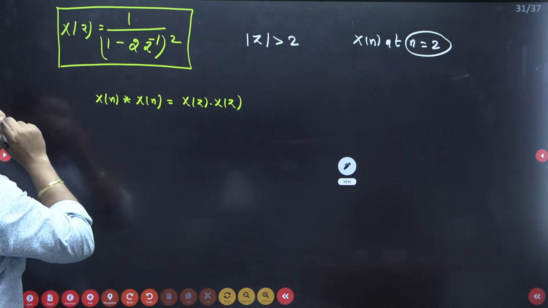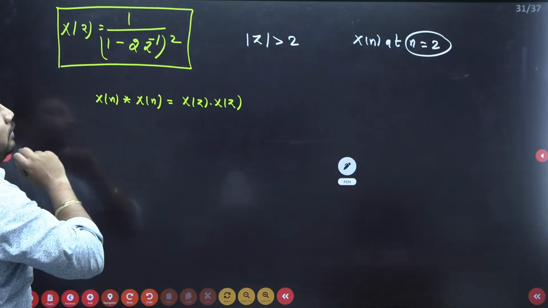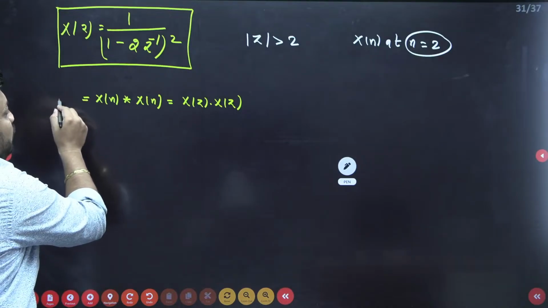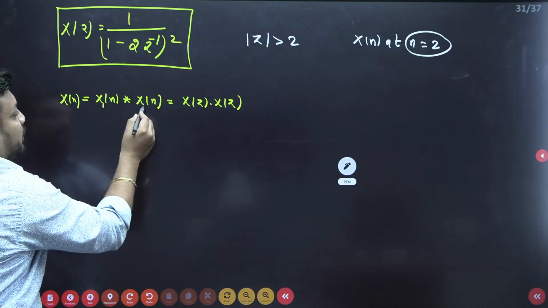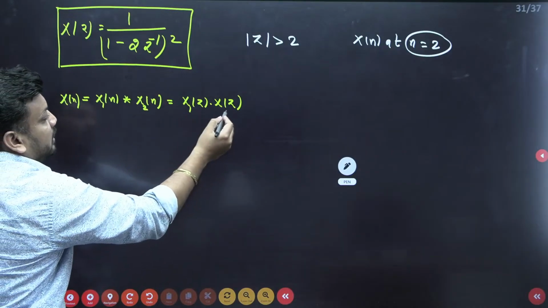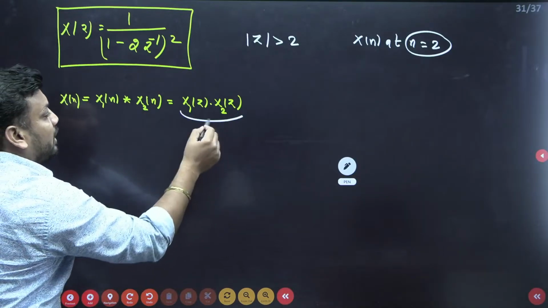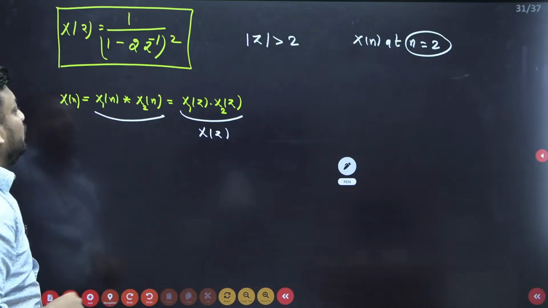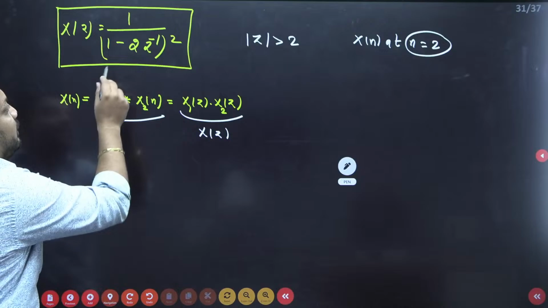So it will give you the overall X(z) and the overall x[n]. It means you have to decide what x1[n] is.